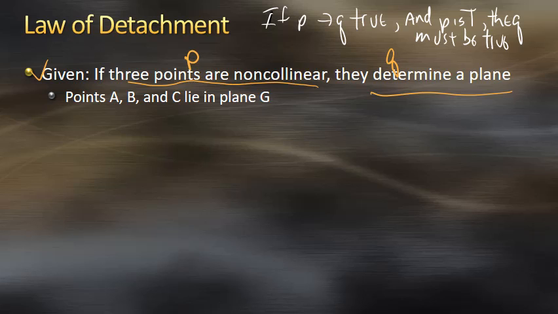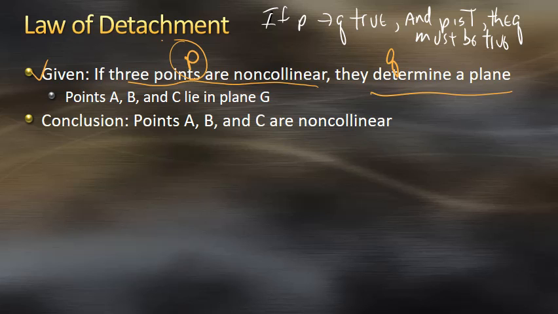Now, we're given this statement. It says points A, B, and C lie in plane G. Well, this is not a match to our hypothesis. Our hypothesis is that 3 points are non-collinear. And then we're given a conclusion here: points A, B, and C lie in plane G, and that is that points A, B, and C are non-collinear.